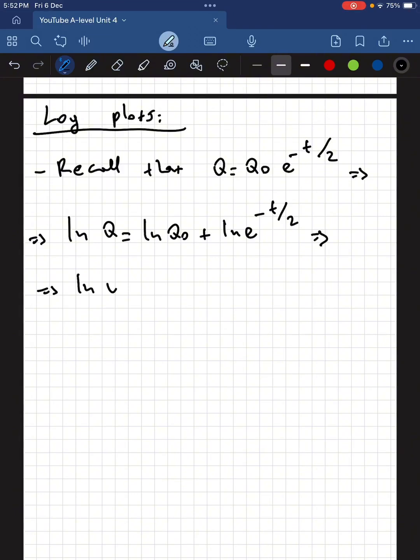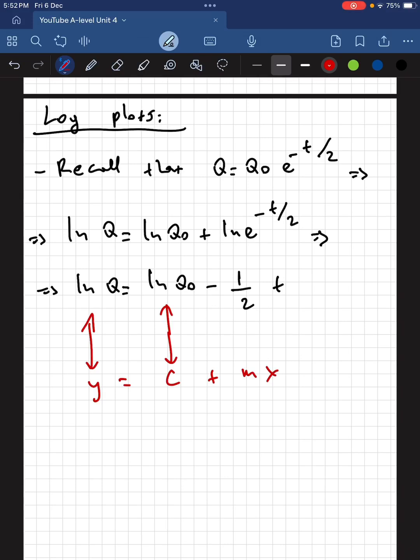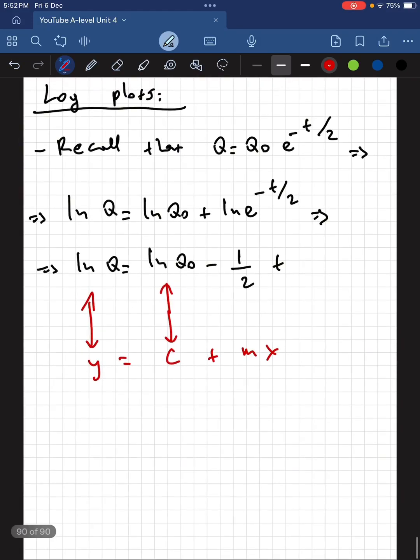So ln of Q is ln of Q naught minus 1 over tau t. So this has the form of y equals c, the constant, plus mx.